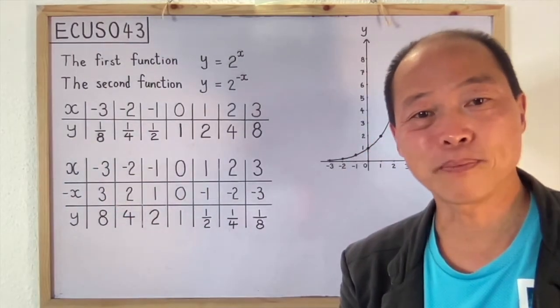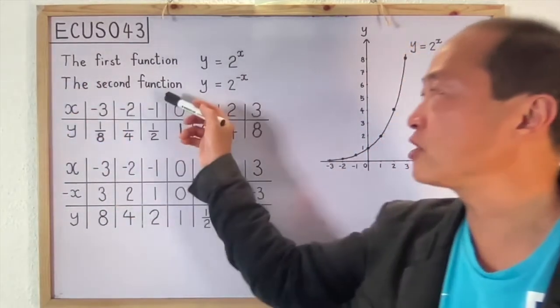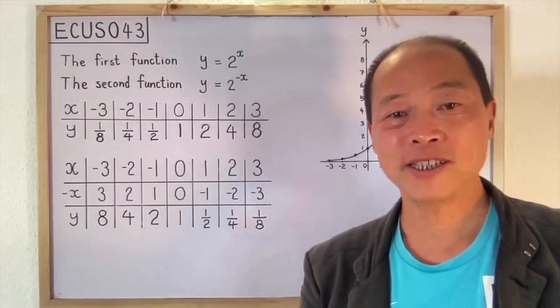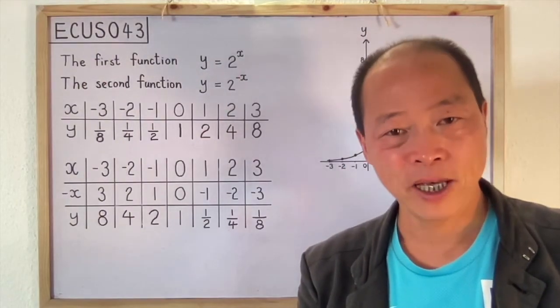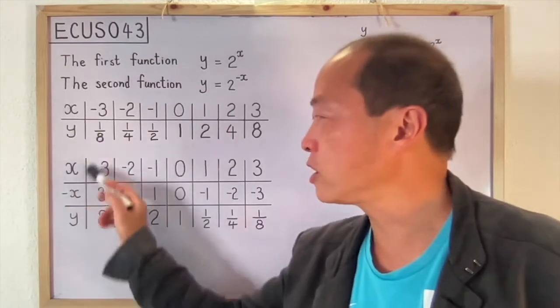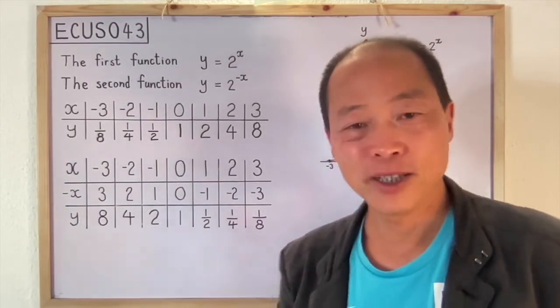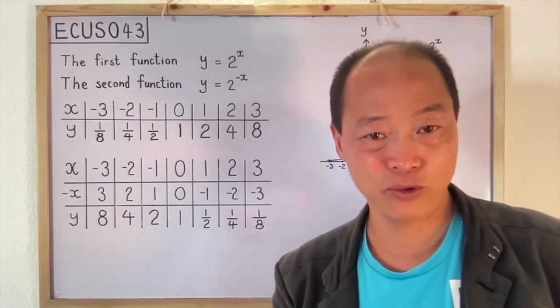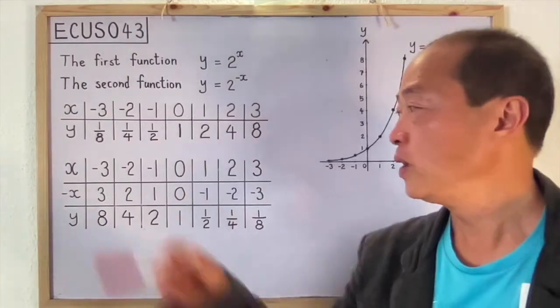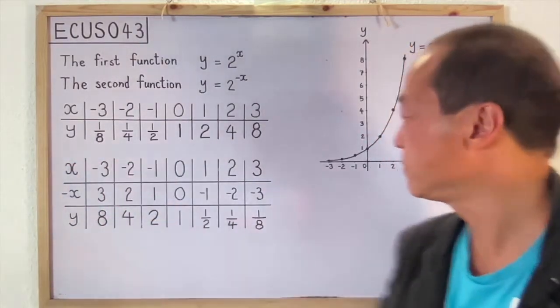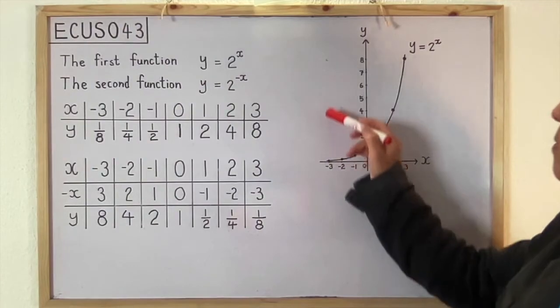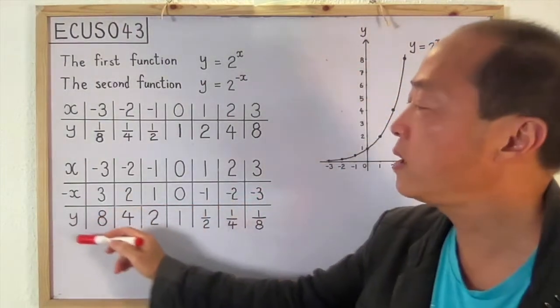Let's work out some points on the graph of the second function. Notice that when we form a point, we always use the x-coordinate and the y-coordinate to form a pair of coordinates to represent the point. When x is minus 3, y is 8.